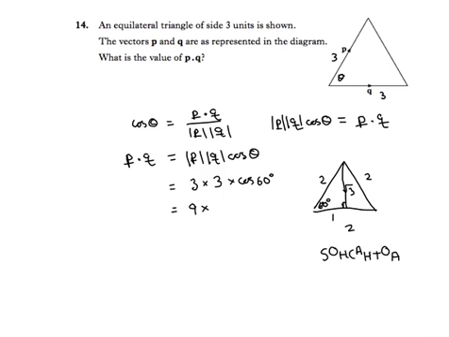So cosine of 60 is 1/2. So 4.5 or 9/2 or whatever, 9 over 2, if that was 9 over 1, 9 times 1 is 9, 1 times 2 is 2, 9 over 2. Let's just check the actual answers. Choice B.